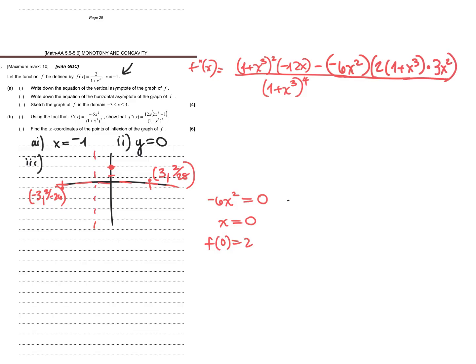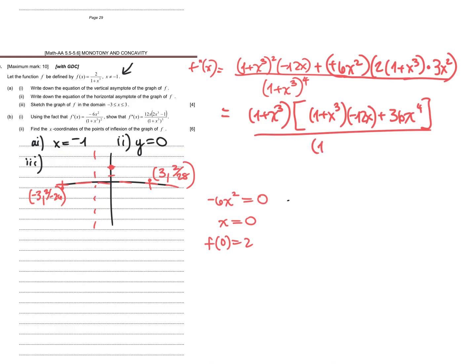Okay, so now we can take out a 1 plus x cubed, just one of those, and then we need another one, and we need a negative 12x, and then let's just make that plus, and then we're going to have 6 times 2 times 3, so that's 36, and then x to the 4th. And then that's over 1 plus x cubed to the 4th.